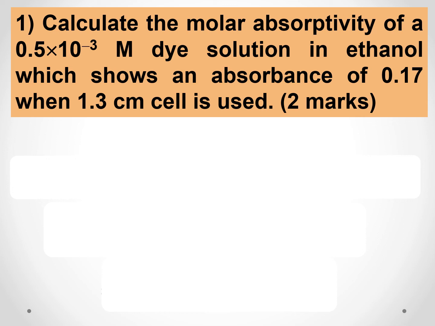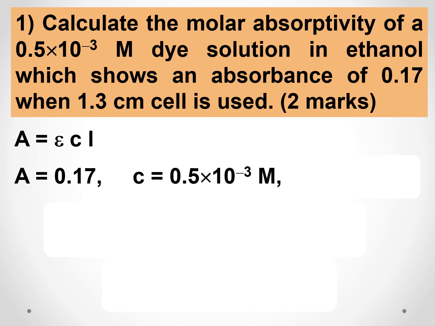So A is given, when a 1.3 centimeter cell is used. So L is also given. A is equal to epsilon C L. We have to calculate epsilon. A is 0.17, C is 0.5 into 10 raised to minus 3 molar, and L is equal to 1.3 centimeter.